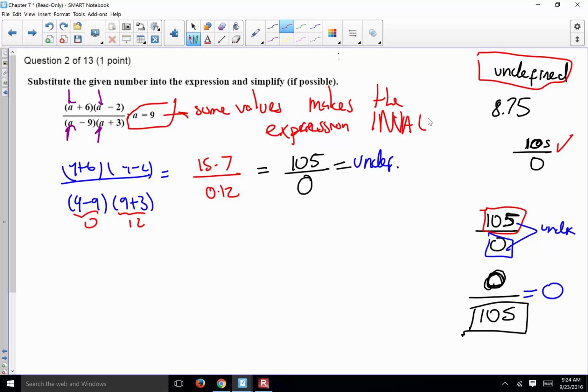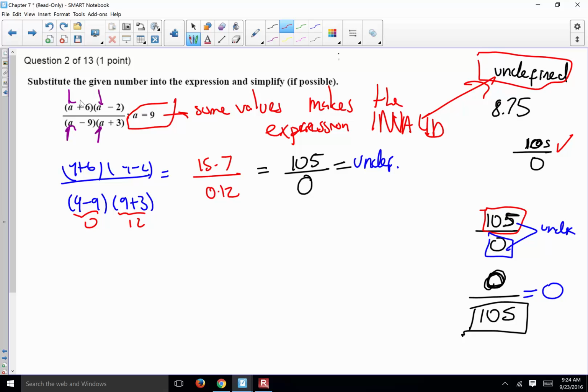This is an invalid case, or undefined is a much more proper way to say it, or it breaks down. I mean, your function is not operating. Your machine has completely failed. So some values are not allowed to go into the variable.